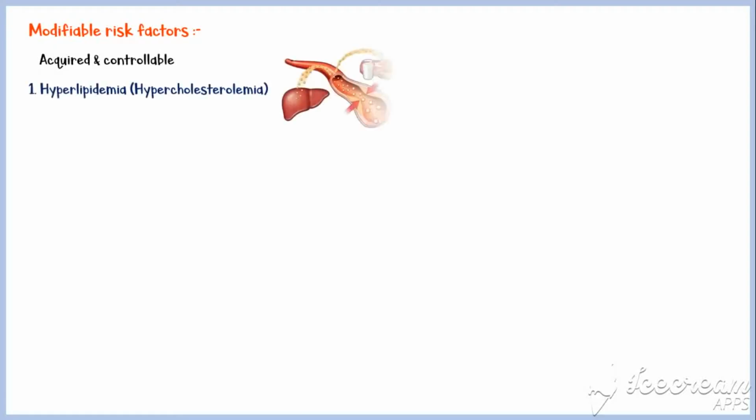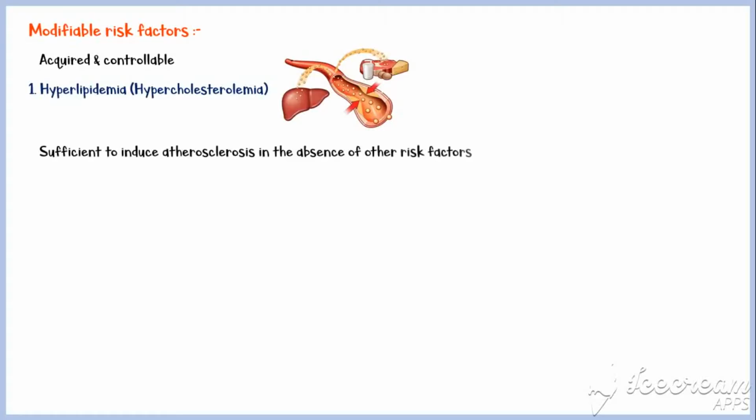Others are modifiable risk factors. They are acquired and usually controllable. These include hyperlipidemia and more specifically hypercholesterolemia. It is a major risk factor for development of atherosclerosis and is sufficient to induce atherosclerosis in the absence of other risk factors. The major cholesterol component associated with increased risk is LDL cholesterol, commonly known as bad cholesterol.